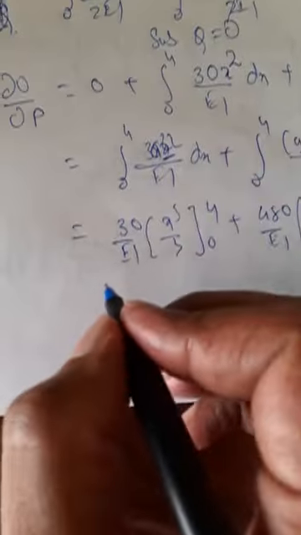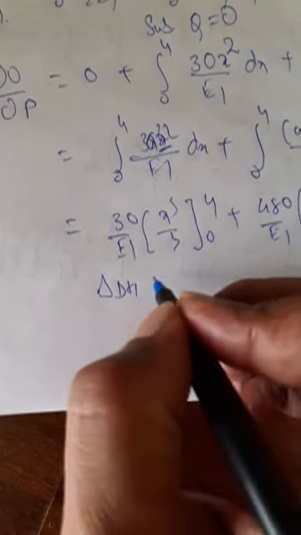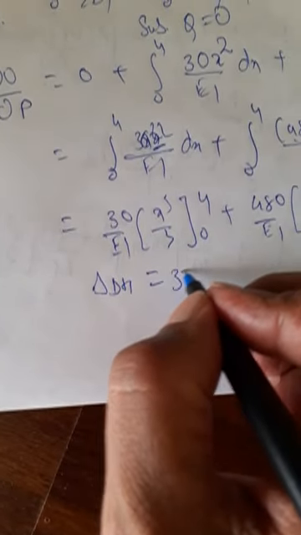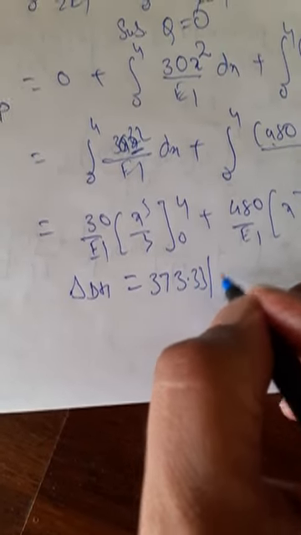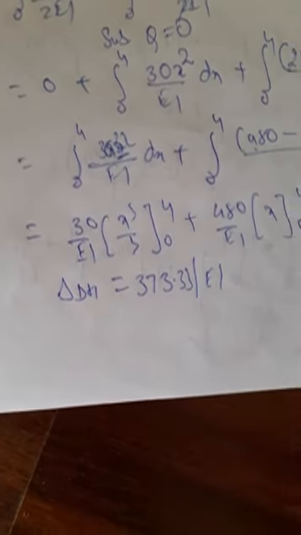So solving this, we have delta D horizontal as 373.33 by EI.